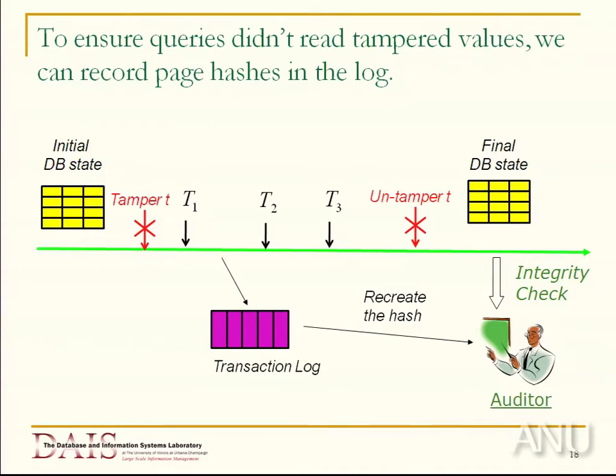Now, why might I want to do this? This is something a sysadmin might think of. So I tamper with T so that everyone who's running in here will read that tampered value. So maybe T is my salary, and maybe T3, they're going to compute the 4% raises for everyone in the company.